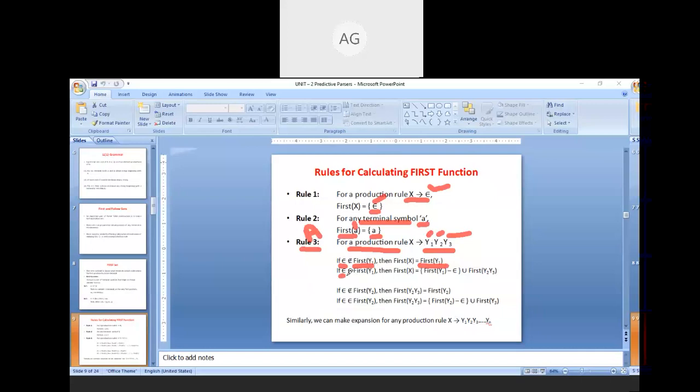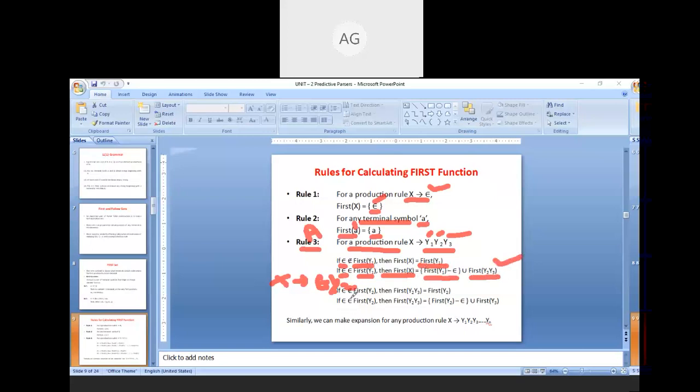But if epsilon is there in the first of y1, suppose y1 contains epsilon, so here you can have y1 produces epsilon, and after that there are y2 and y3. If epsilon belongs to first of y1, then first of X will contain first of y1 minus epsilon, union first of y2 y3. So the first of X will contain this type of function.